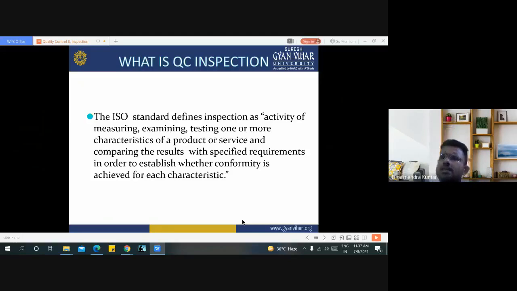Inspection is an overall activity. We may inspect the raw material, the machining process, the skill of labor, or the running material inventory through to the finished goods inventory.